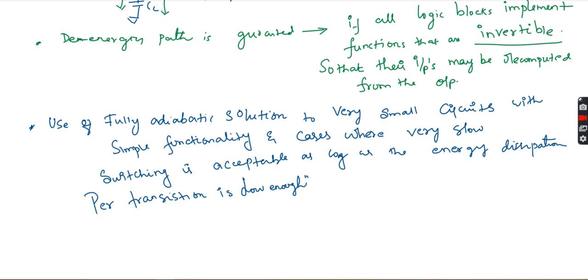So there will be some limitations in the fully adiabatic solution. That is why we need to switch over to the partially adiabatic sequential circuit. Instead of complete, we can go for partial adiabatic circuit.